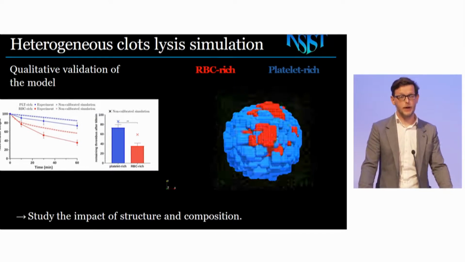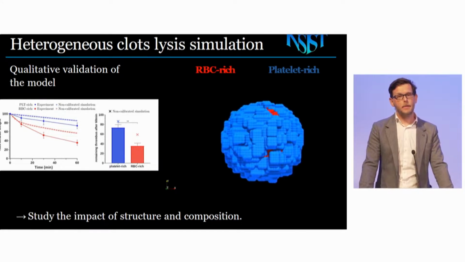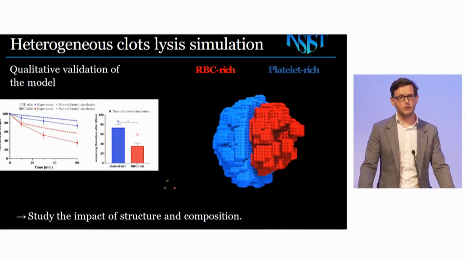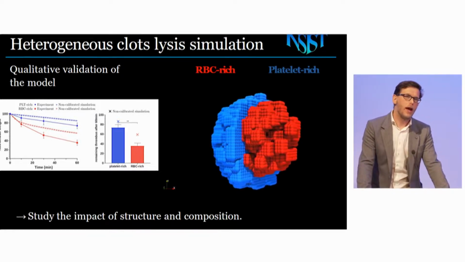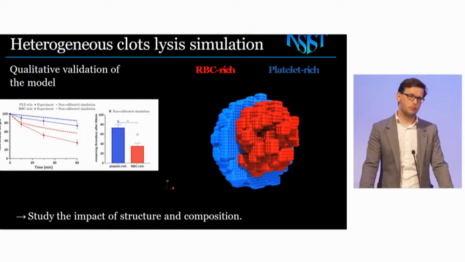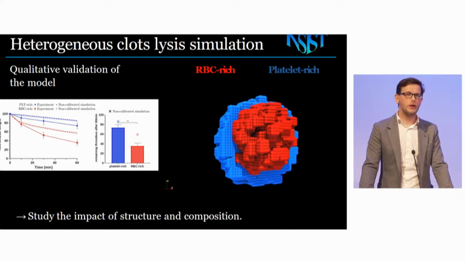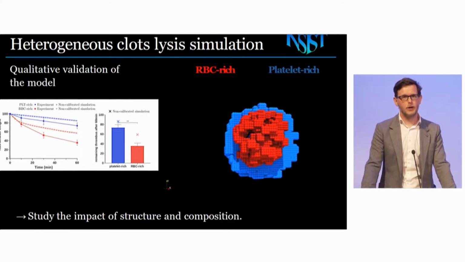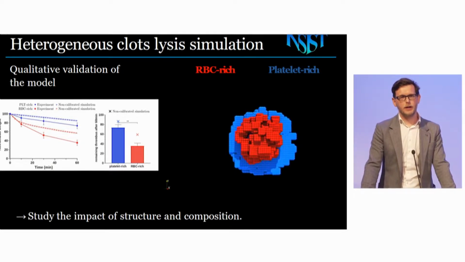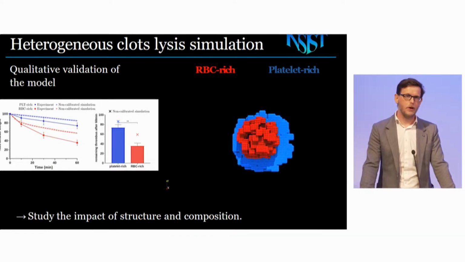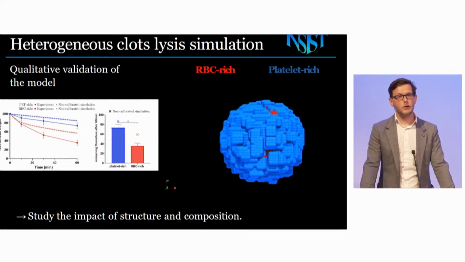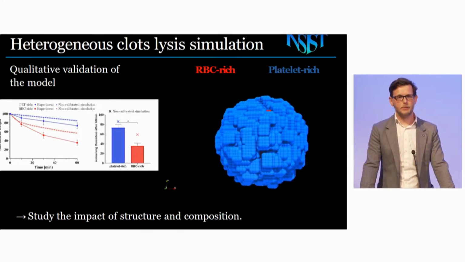On the right-hand side, you can see the model itself, showing a blood clot containing blue parts, which is the platelet-rich parts, and red parts, which is the red blood cell-rich parts. And as you can see, the model nicely also shows that the platelet-rich areas are more difficult to lyse, and the red blood cell-rich areas are easier to lyse, rendering lysis curves that are quite good, mimicking the real experimental data.